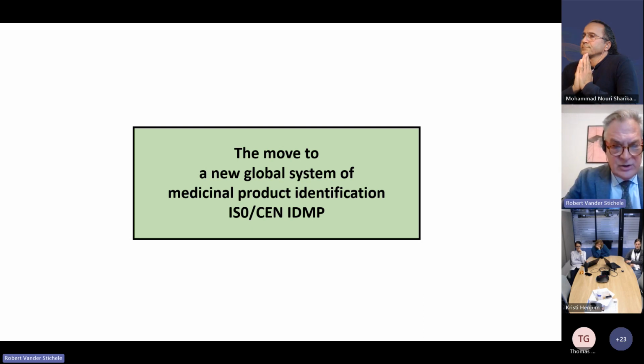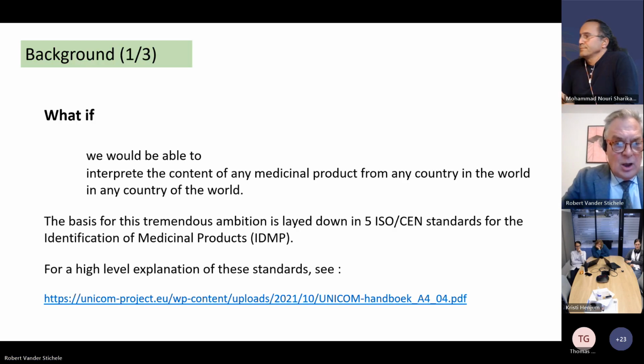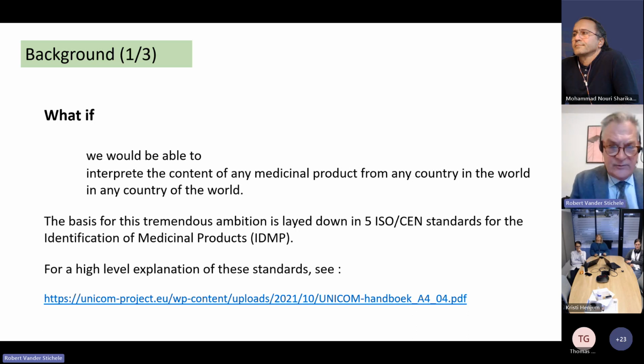So ISO/CEN has also looked at how medicines should be identified and created some standards. To understand what these standards promise, we ask the question: what if we would be able to interpret the content of any medicinal product from any country in the world, in any country in the world?